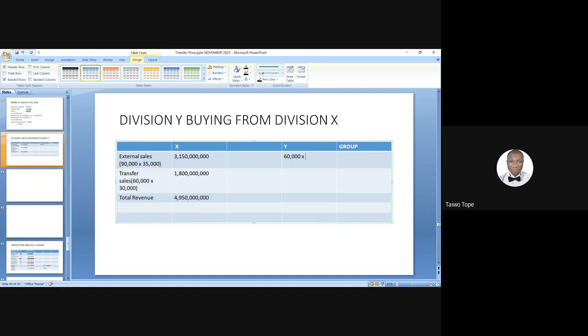A tire is a tire. So at 35,000, the value will be 2,100 million. All right, let's move this here.